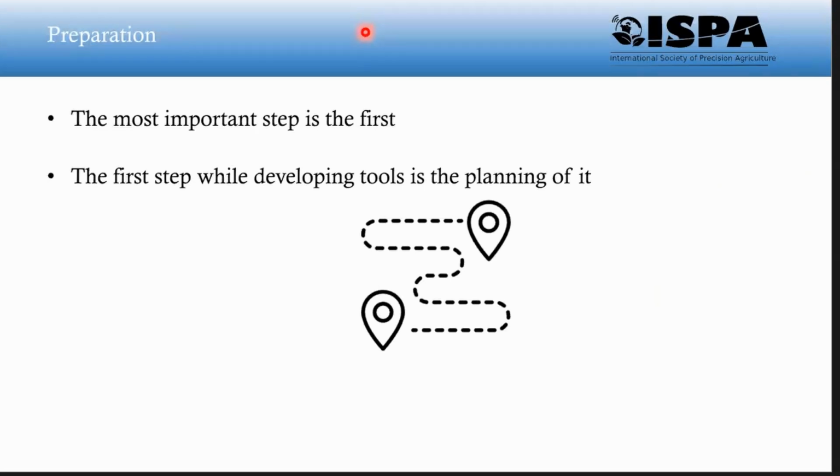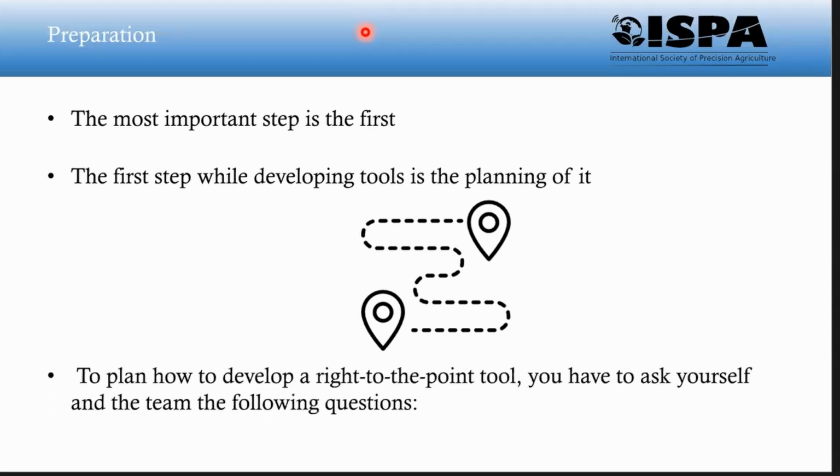Because if you just start programming, thinking "oh, I want to do this," in the end you're going to have a mess in your code, and something that, if you had planned it at the beginning, would have made your life much easier. So to plan how to develop the right, to-the-point tool, you have to ask yourself and the team the following questions.